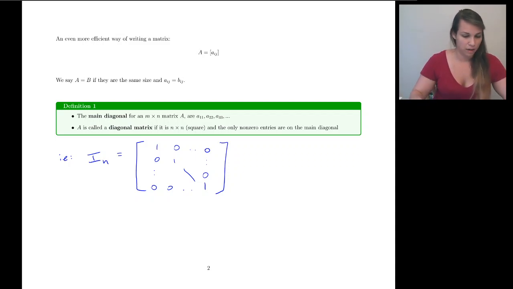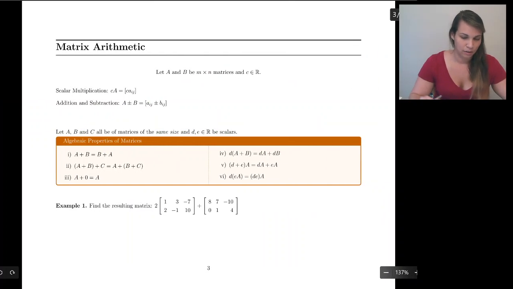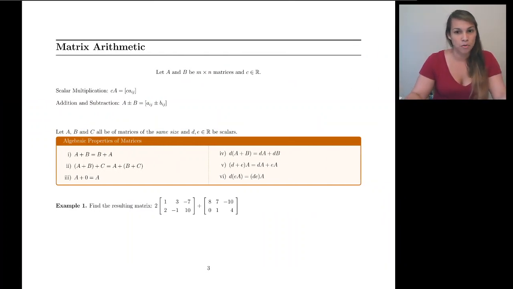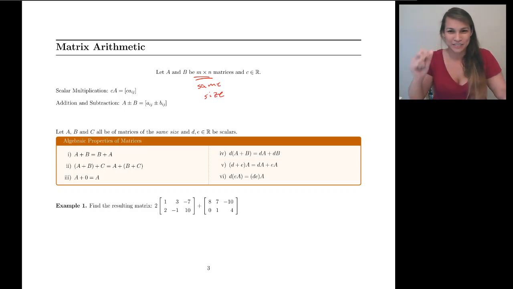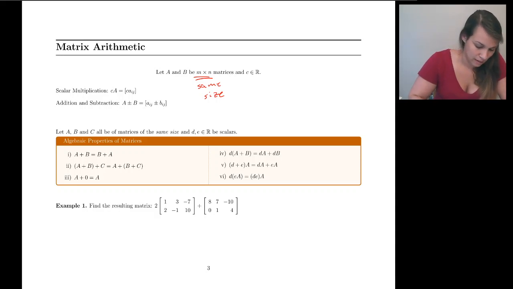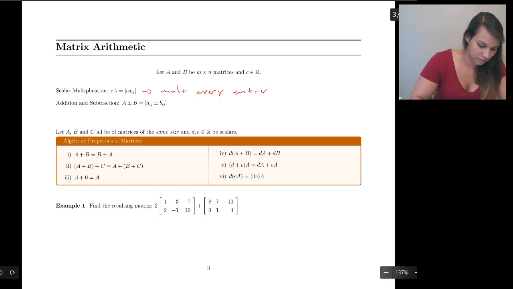Okay, so let's move on to matrix arithmetic. We're going to have A and B. They're both n by n matrices. They are the same size, just in case I didn't point that out before. Scalar multiplication, you have cA equals c times aij, and that translates to just multiply every entry.